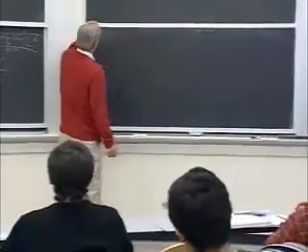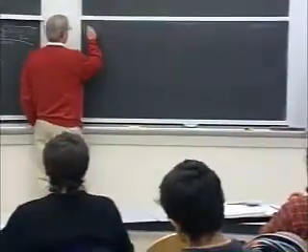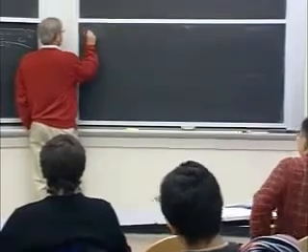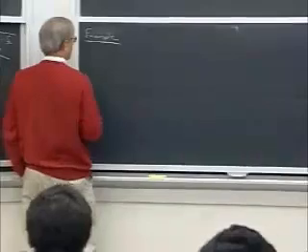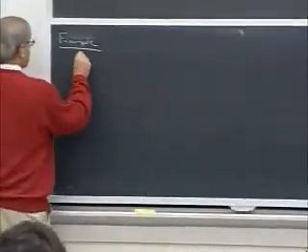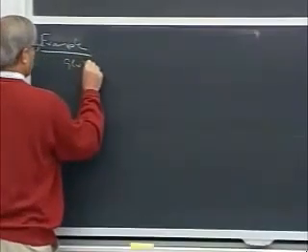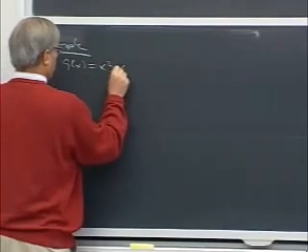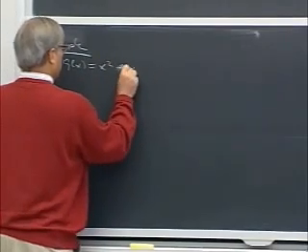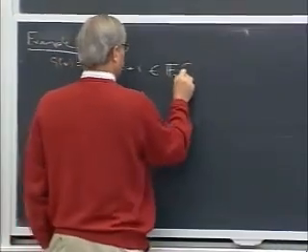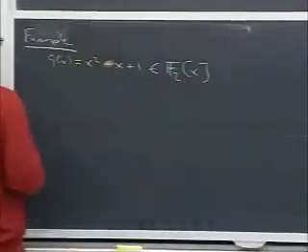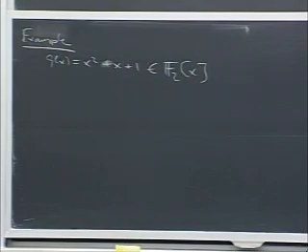Maybe it would help to do an example. Let's take g of x to be equal to x squared plus x plus 1 in F2[x]. It's a binary polynomial.